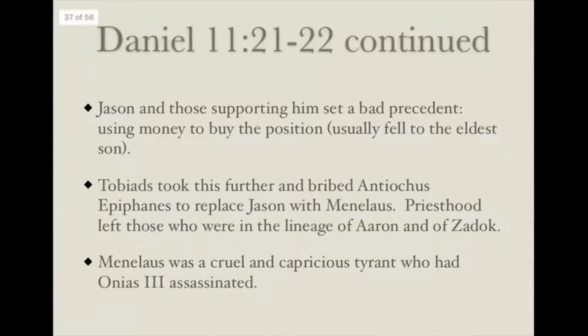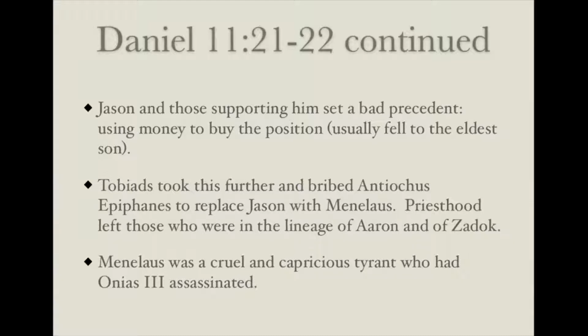Okay, so Jason and those who supported him set a bad precedent. Traditionally, that position fell to the eldest son of the high priest, but Jason used money to buy that position. A little bit later, the Tobiads thought, hey, if we can do that, let's try something else. So they took this even further and bribed Antiochus to replace Jason with Menelaus.